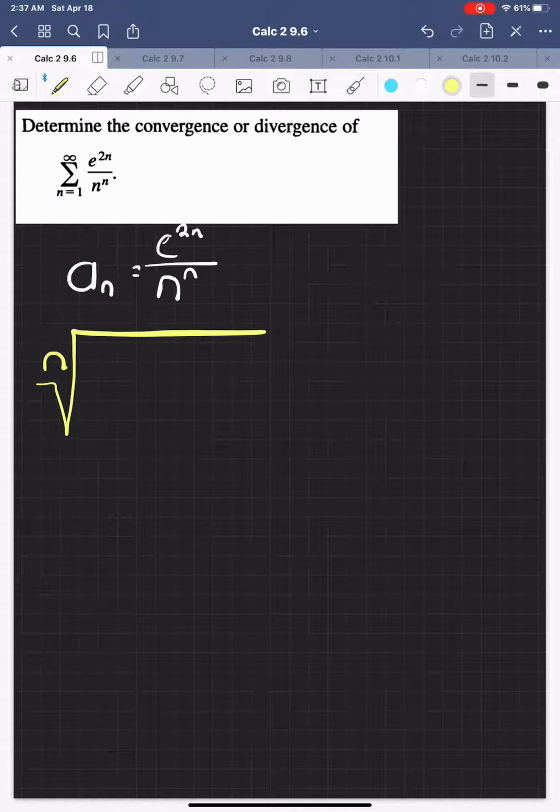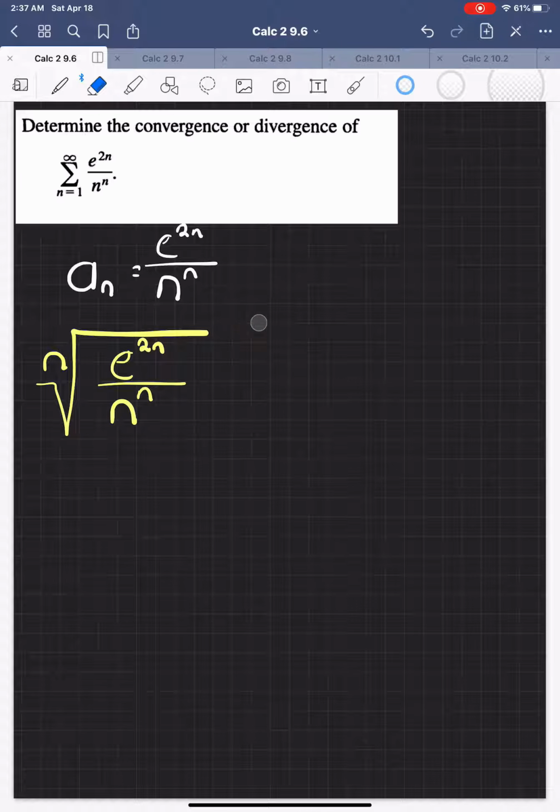But we're just going to take the nth root of e to the 2n over n to the power of n.